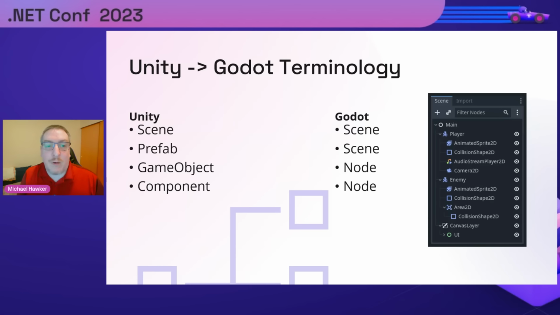Maybe it plays a sound when it enters the scene, and so you have an audio stream, and maybe it's followed by the camera. So you end up with these hierarchies of nodes that represent your game world. And the nice thing with Godot is you can just package those up in a scene if you suddenly need to instantiate multiple enemies. So it really gives you a lot of flexibility with how you organize the structure of your game.